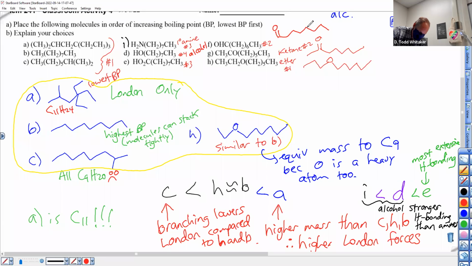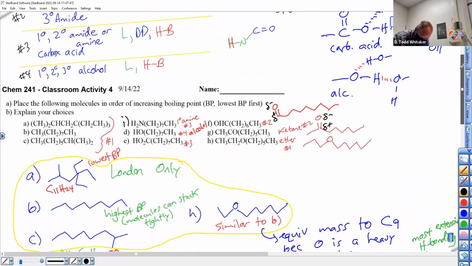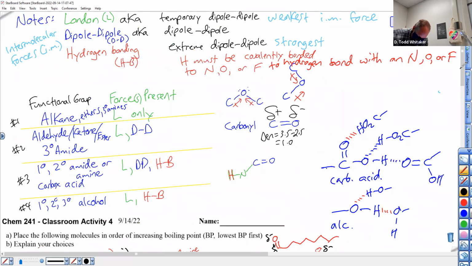1, 2, 3, 4, 5, 6, 7, 8. I got one more. They look pretty similar in terms of, you know, they're polar. That's why they're dipole-dipole. Delta plus, delta minus, delta plus, delta minus. There's a picture representing that at the top of the screen.